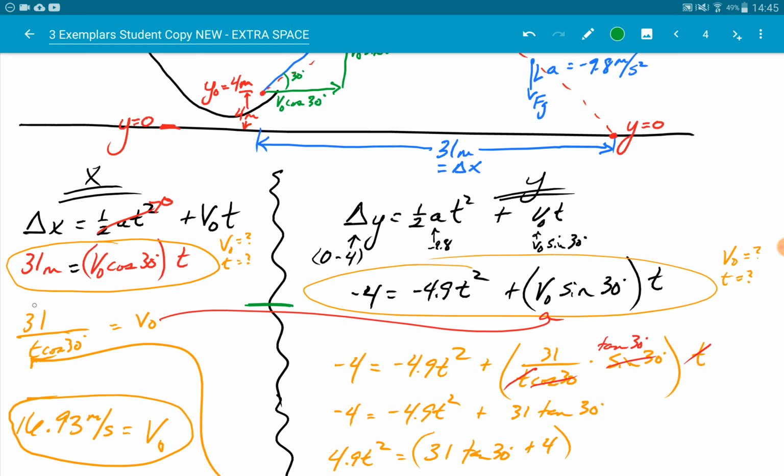So right here, I'm going to draw a line. This is the physics is done line. Great. So if you got up to that green line, you've done 100% of the physics, basically.